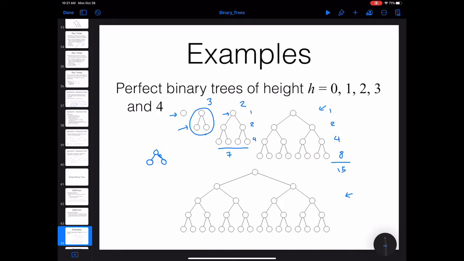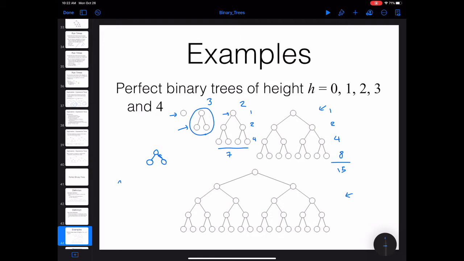Now you can see that there is a pattern for the number of nodes in a perfect binary tree of height h. These formulas are going to be important for me. I'm going to work on this kind of theorem here. If I have a perfect binary tree of height h, how many nodes would I have? Instead of counting them, I can try to find a formula.